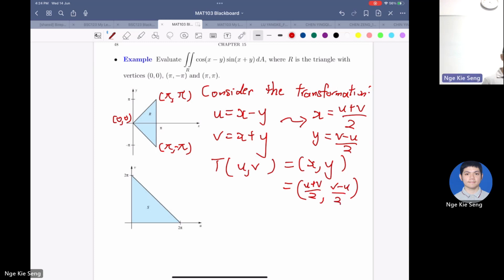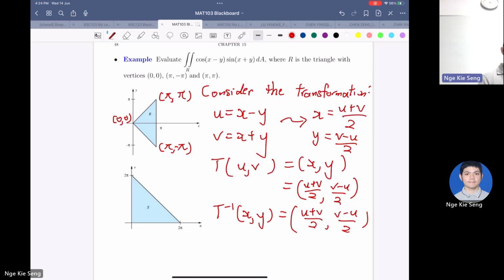To check where xy gets sent to uv, we need the inverse map, which is given by the map calculated by Kyron just now. So this is our inverse map.